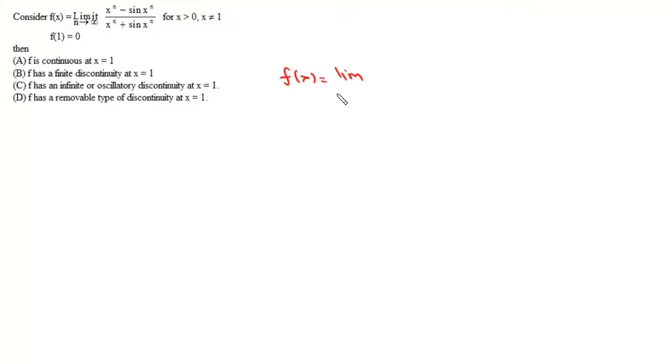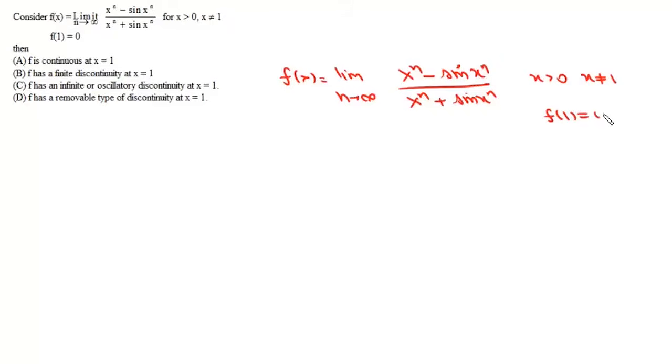limit n tends to infinity, x to the power n minus sin x to the power n upon x to the power n plus sin x to the power n when x is greater than 0 and x is unequal to 1, and value of this function at x equals 1 is 0. Now we need to find its continuity at x equals 1.